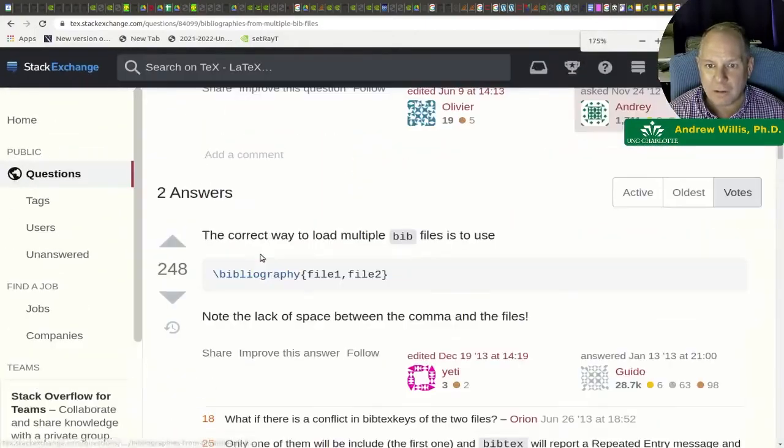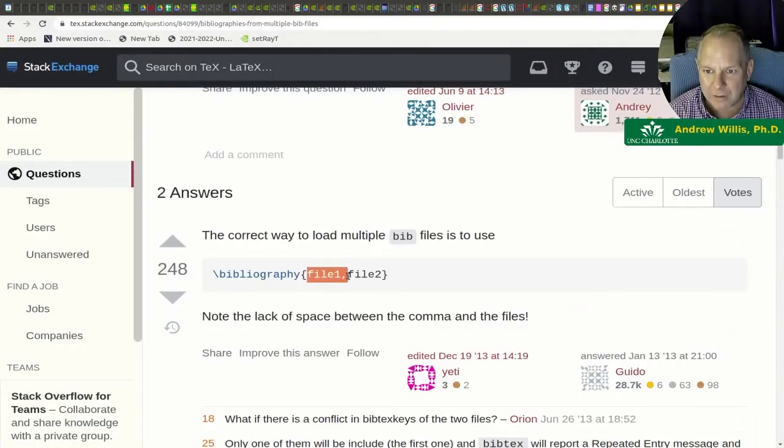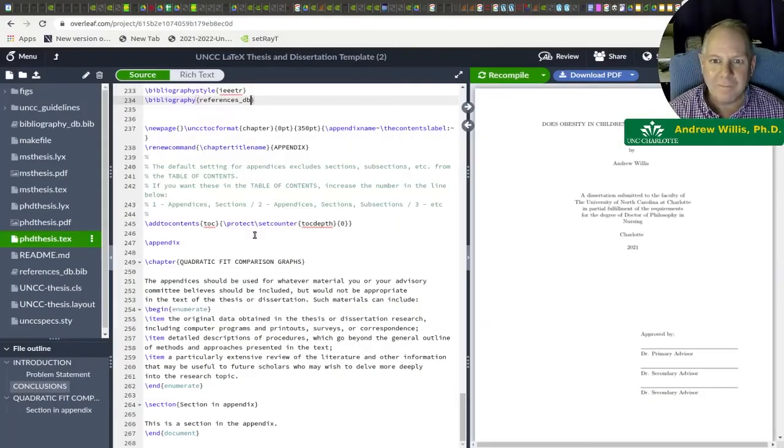The correct way to load multiple bib files is to put file 1, then a comma, then file 2. I will just follow the directions, so I will put a comma and then the name of file 2. What is the name of file 2? It is bibliography_db. Now I've added the 4 or 5 references that I just saved.